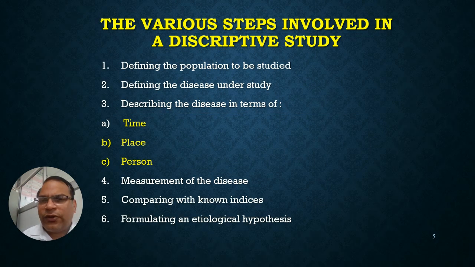The various steps involved in a descriptive study are defining the population to be studied, defining the disease under study, describing the disease in terms of time, place, and person, measurement of disease, comparing with the known indices, and formulating an etiological hypothesis.